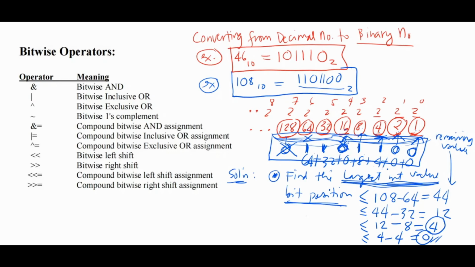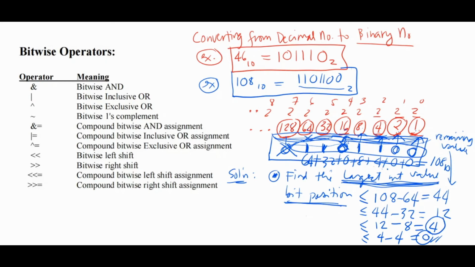So get now the sum of these products. What do we have? 64 plus 32 plus 8 plus 4. That is equal to 108. Okay? So we have verified that this binary number is indeed equivalent to the decimal integer value 108.